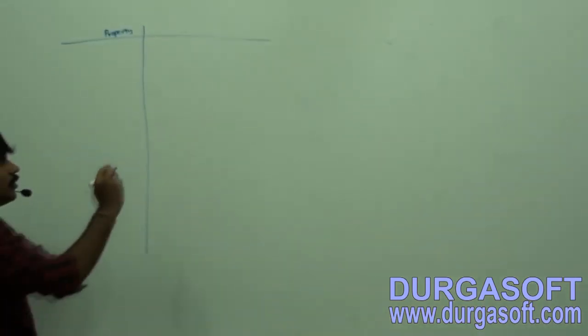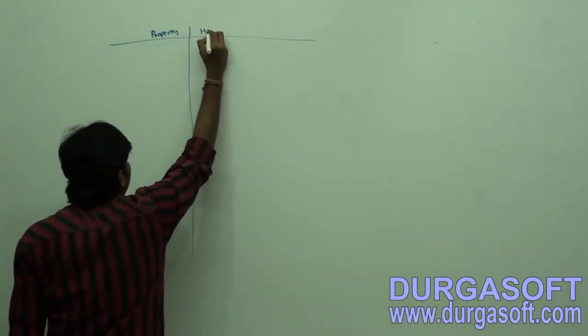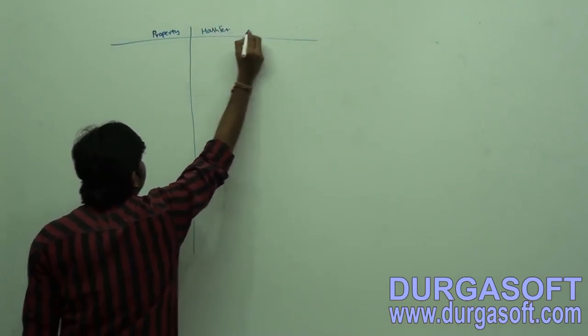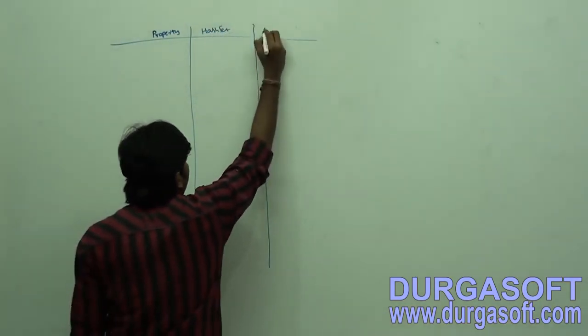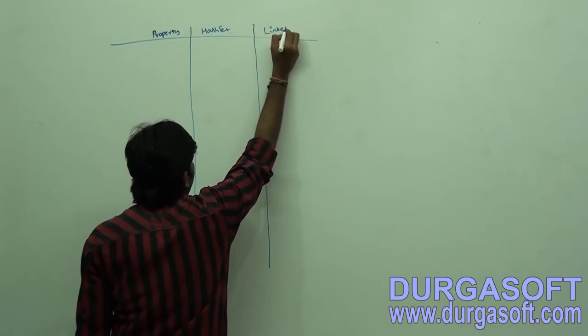Here see, with respect to which property we are going to compare. First implementation class is what? HashSet. Second one, LinkedHashSet.